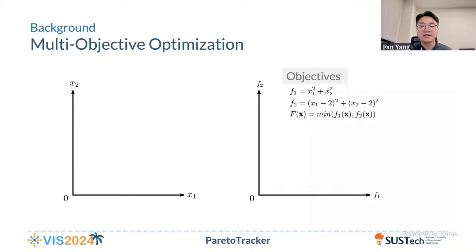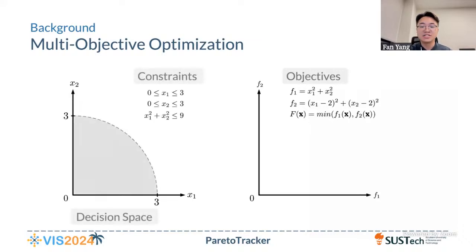Let's take a look at a simple example. Suppose we have two variables and two objectives as follows, and our goal is to minimize both f1 and f2 at the same time. With constraints for x1 and x2, the decision vectors outline the decision space like this. After the entire decision space has been fully exploited, the objective space is gradually covered.